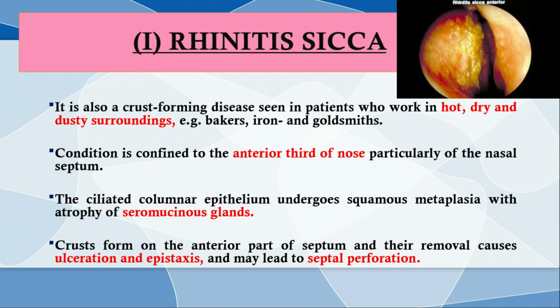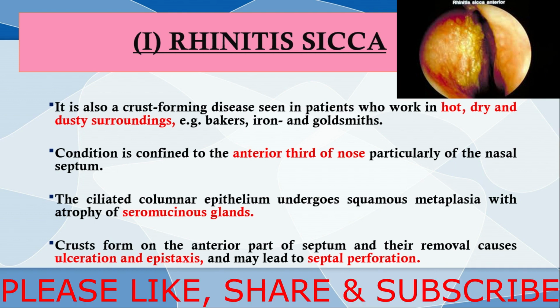The ciliated columnar epithelium undergoes squamous metaplasia with atrophy of seromucinous glands. Crusts form on the anterior part of the septum, and their removal causes ulceration and epistaxis and may lead to septal perforation.